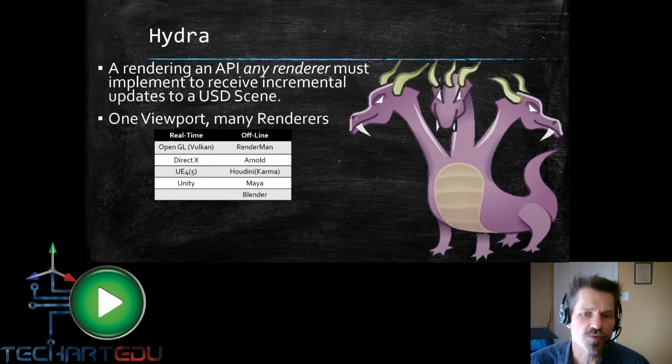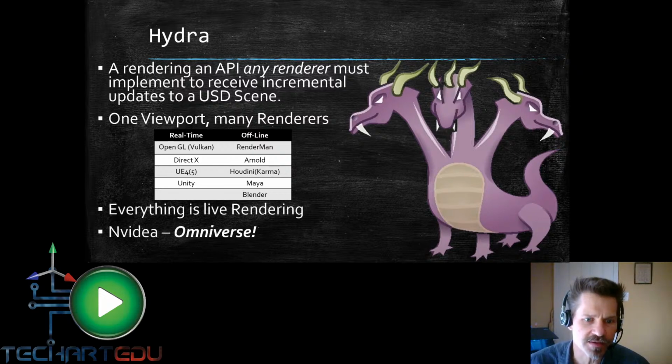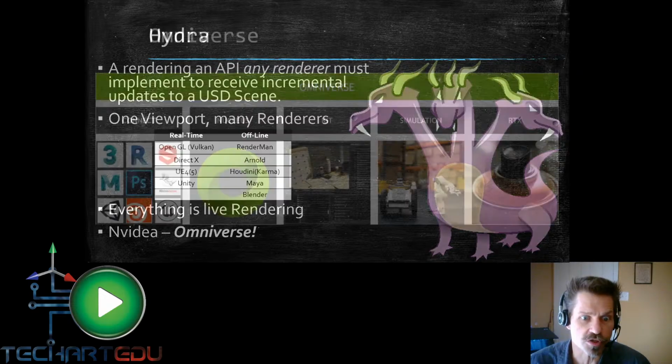Any of these possible renderers can all be seen at the same time, and they'll all be showing the exact same thing at the exact same time, and they can work together with each other all at once. And everything is going to be live rendering, and this is where NVIDIA is coming in, because NVIDIA sees the opportunity for them to be the big dog to push this along.